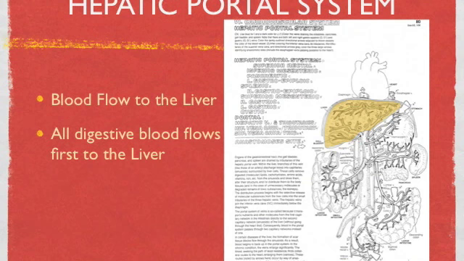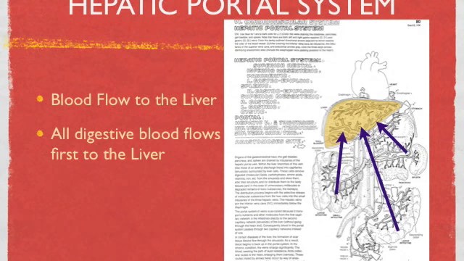All blood that is picking up nutrients from these organs are flowing through these veins and into the liver. The veins that you see here all have similar names to the arteries that we were learning in the digestive cavity in our artery picture.